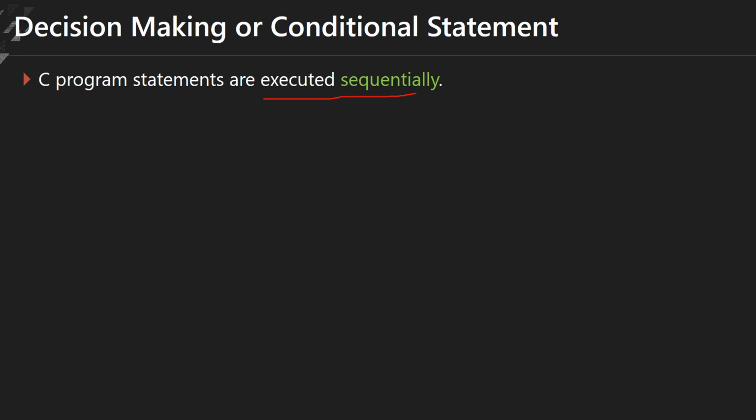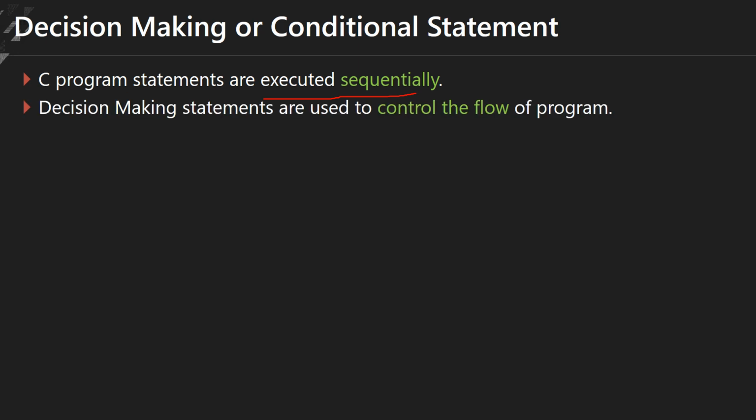At some particular point I need to take a decision and skip some statements to execute the next statement. If you want to take such a decision, decision making or conditional statements make more sense in the programming language. So you have to control them.